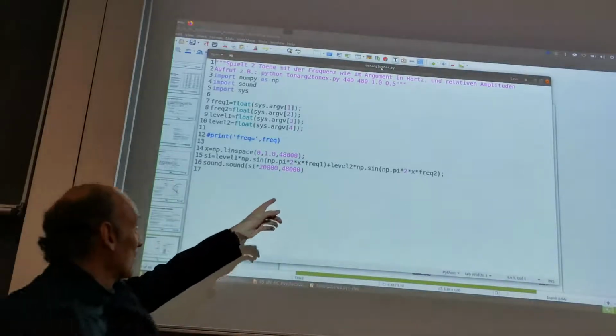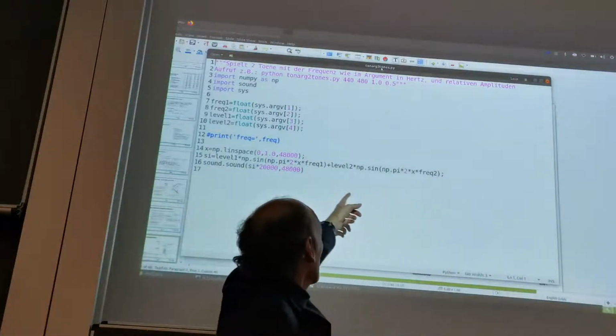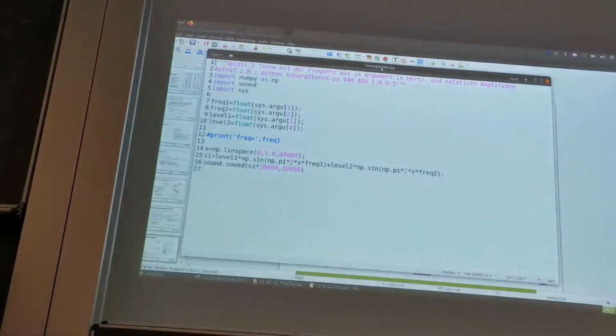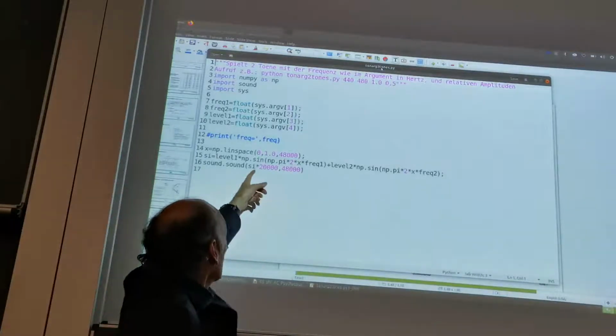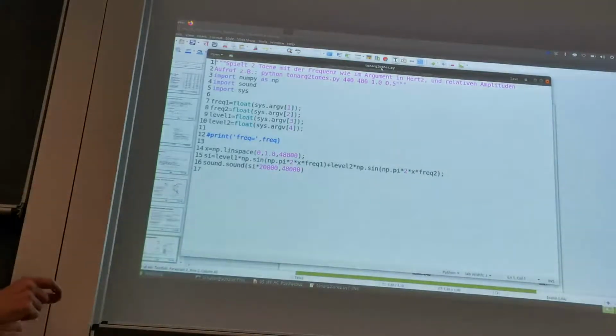So here we have 2 sinusoids. Here's frequency 1, here's frequency 2, and they have different levels, level 1 and level 2. The level should be between 0 and 1 in order to avoid overload of the sound card. So the x goes from 0 to 1. Linspace produces values that go from 0 up to 1 with 48,000 steps.